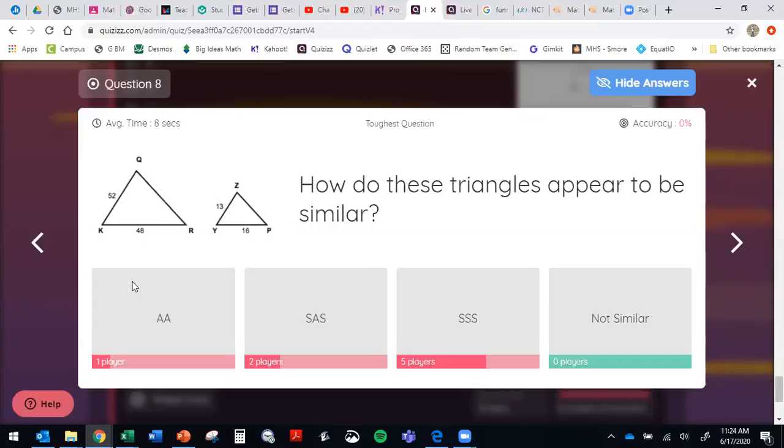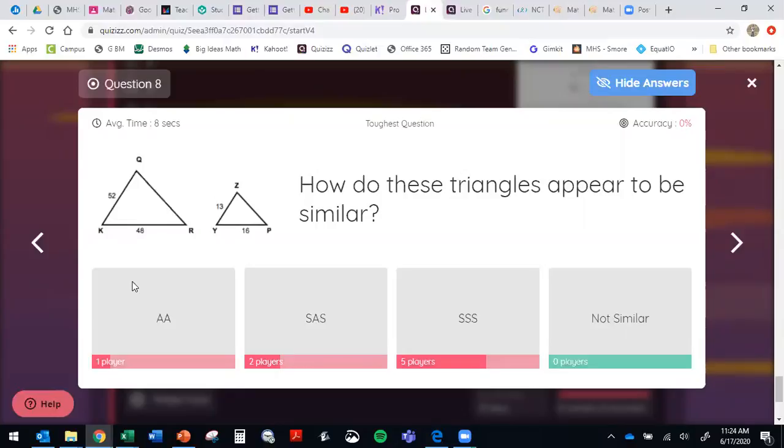So as we look at this, to be similar, we would have to have the side. We've got these two sides that go together, the 48 and the 16, but we don't have any other markings on those triangles.